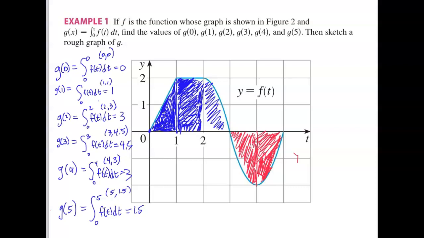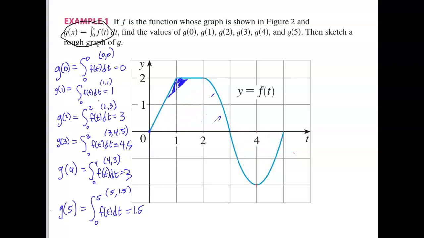So now if I wanted to, I could get a rough idea about what the function g looks like graphically, because I have 5 coordinates that I know fall on the function g, right? I have 0, 0, 1, 1, 2, 3, 3, 4.5, 4, 3, and 5, 1.5. So if I tried to graph g, I'll graph it over f. Let's see what it would look like. So I'll do it in red.